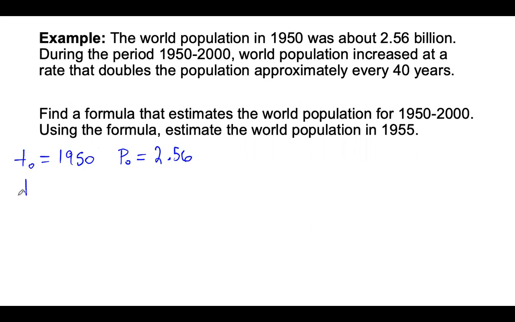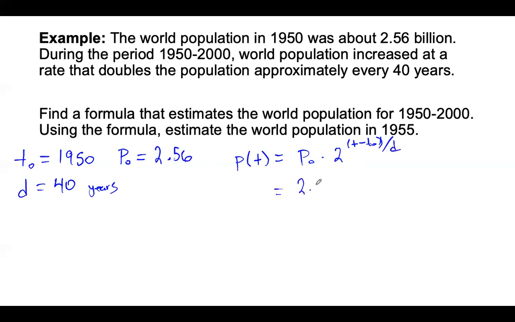The amount of time it doubles is 40 years. So we're just going to apply that formula. P naught times 2 to the exponent T minus T naught divided by the doubling time.